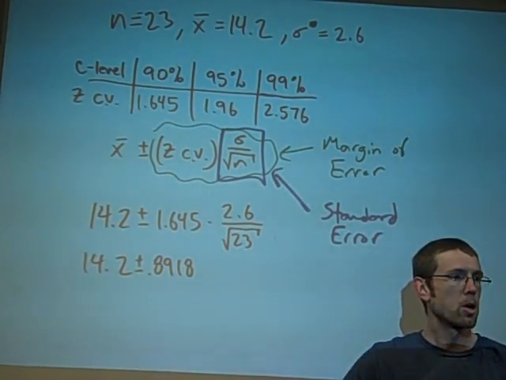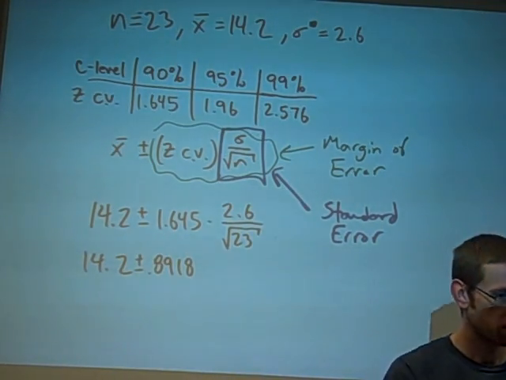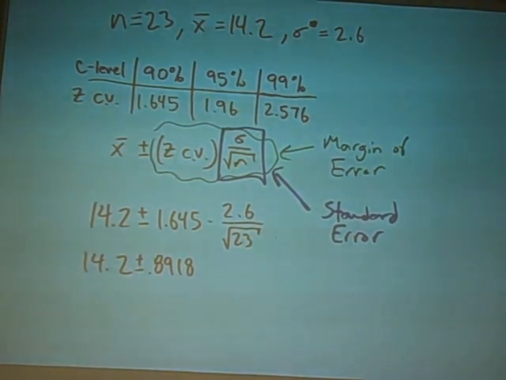So if I said, what's the margin of error? You'd say, oh, the margin of error is 0.8918. So that's easy enough. And then to actually get the confidence interval, we do it once with subtraction, once with the addition. And so it's 13.3082.